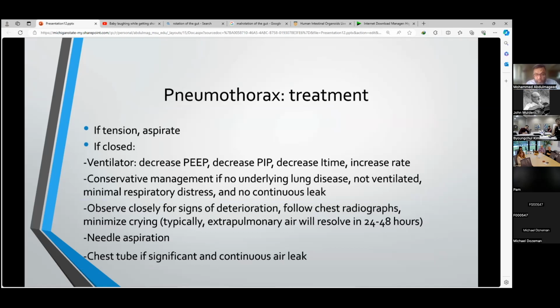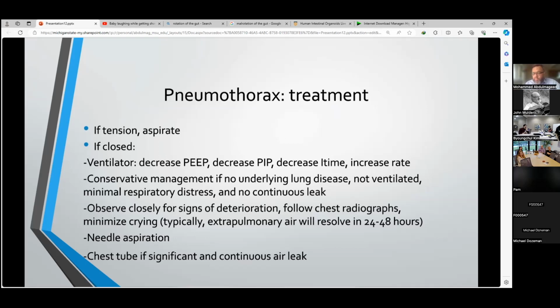If it's a closed pneumothorax, you have to do some additional steps. You have to decrease the PEEP, decrease the pressure, and decrease inspiratory time, so less air will enter the lungs, and increase the respiratory rate so you can get rid of the air quickly. If there is no underlying lung disease, like a full-term infant with a mild, small pneumothorax that does not cause cardiac compromise, you don't have to do anything.